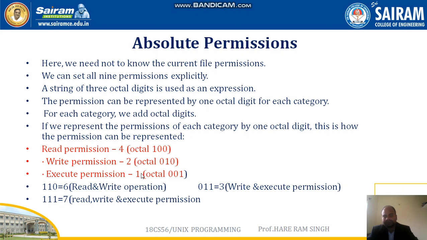Now, suppose I want to give permission of read and write both to a file, then what will be my octal value? 4 plus 2, 6. So 6, how can we represent it in binary form? 110. Everybody knows that 6 can be represented in binary form using 110.